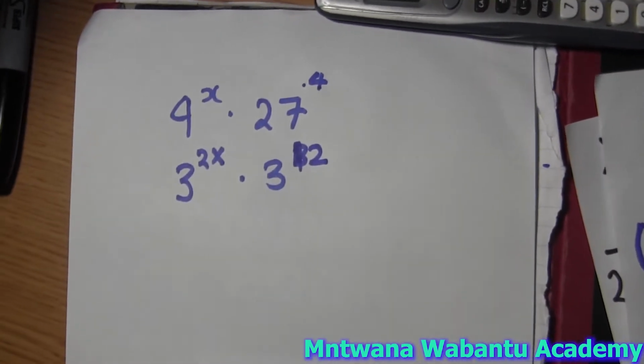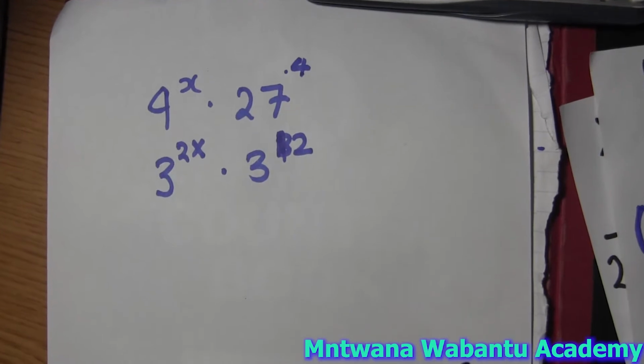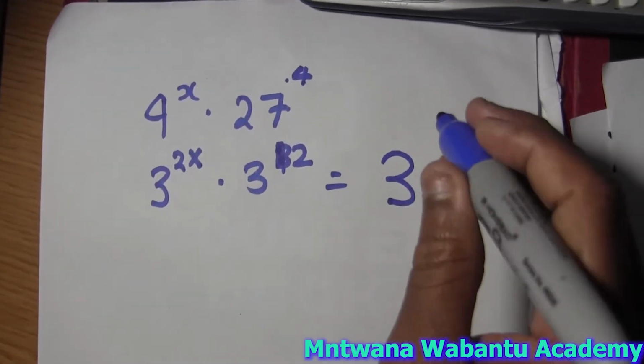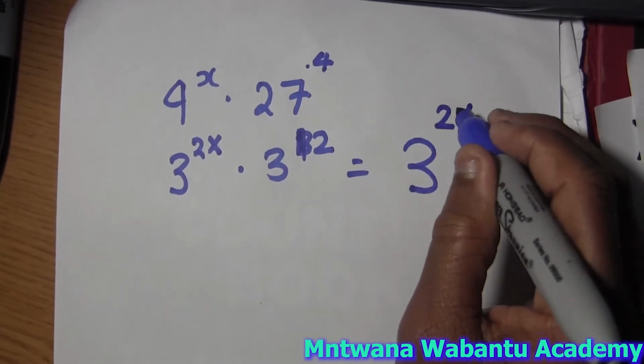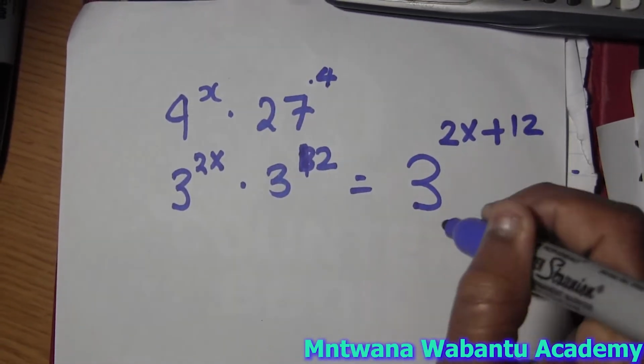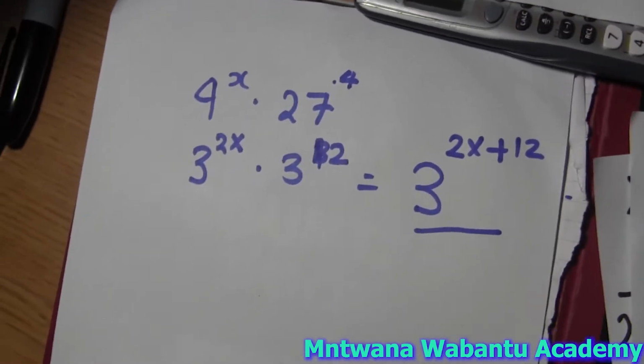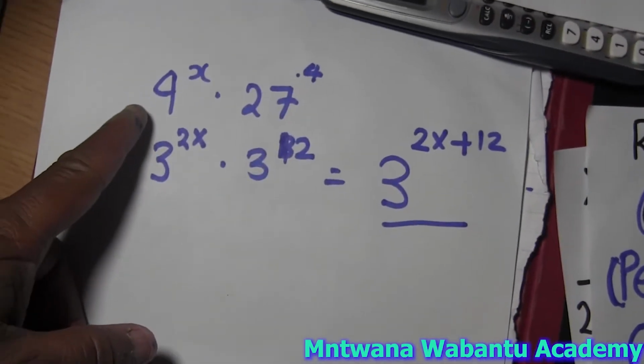Now the bases are the same, so I only write a single base and add the powers: 2x plus 12. These are the rules of exponents, if the bases are the same. At first the bases were not the same.